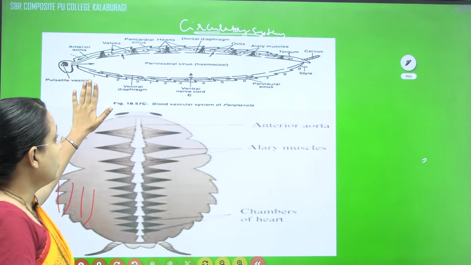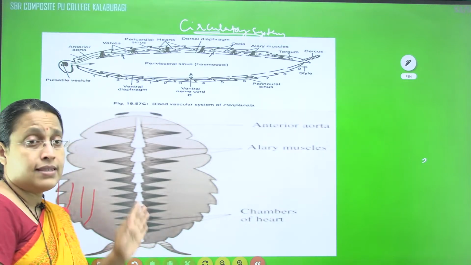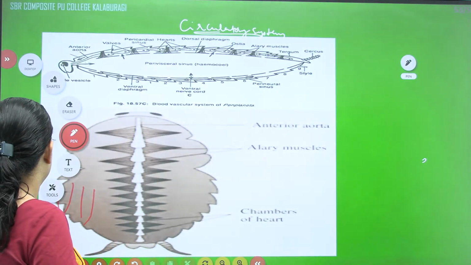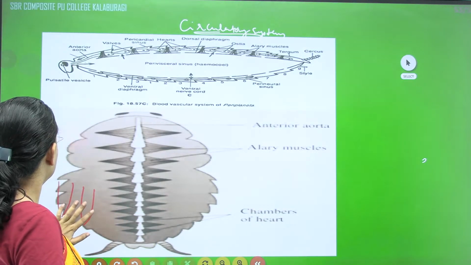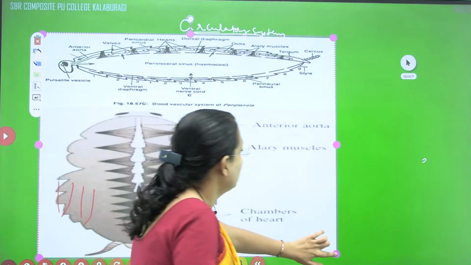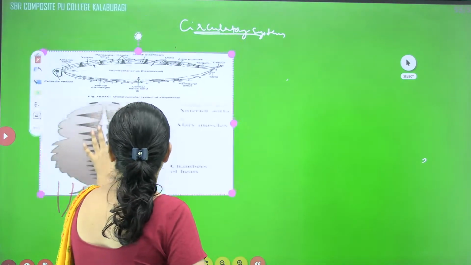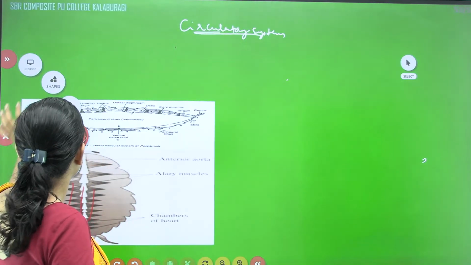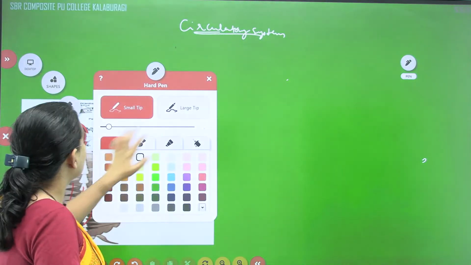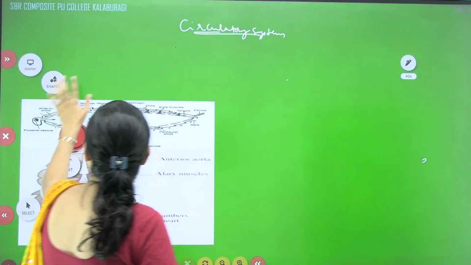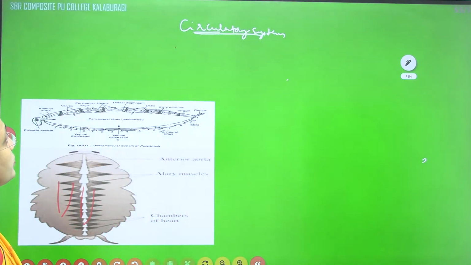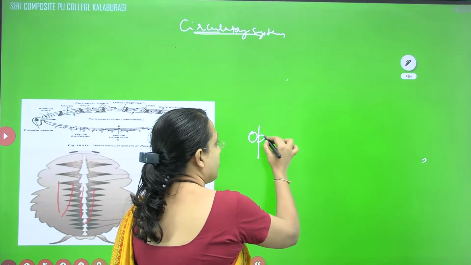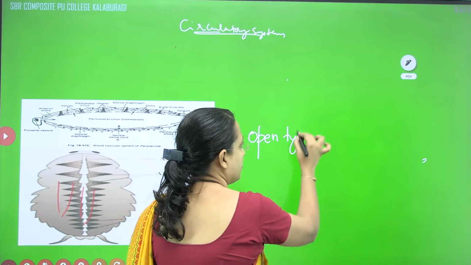So what you can see here, cockroach has open type of circulatory system. The first point you should know is that cockroach has open type of circulatory system.